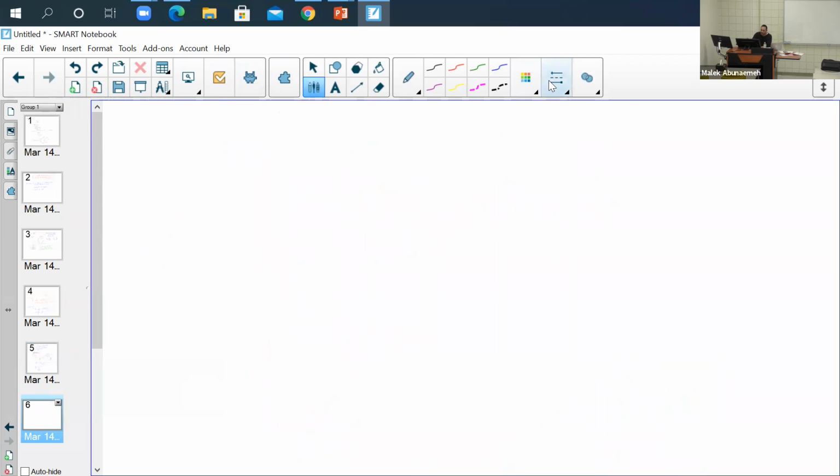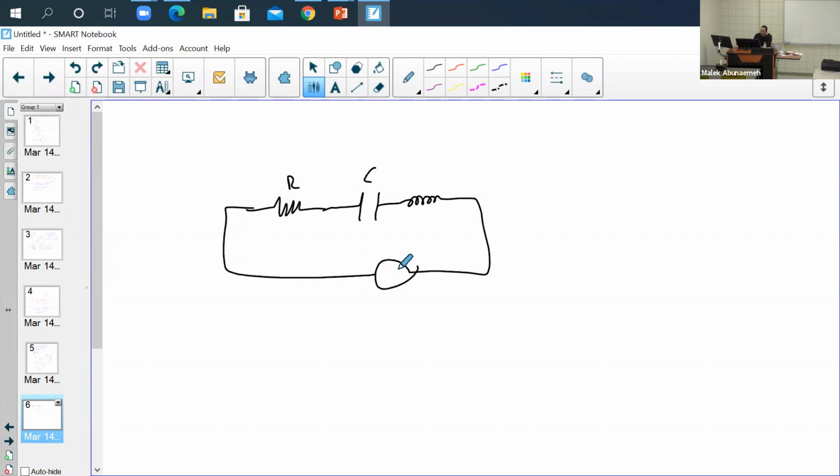So let's say we add all of them together all at the same time. So that's your resistance. Let's say that's your capacitor. And let's say you got an inductor going through it. And this is your V naught sine 2 pi ft.